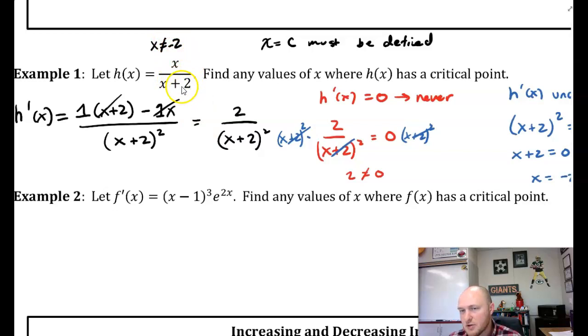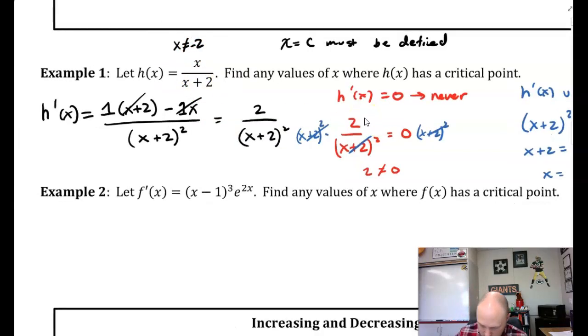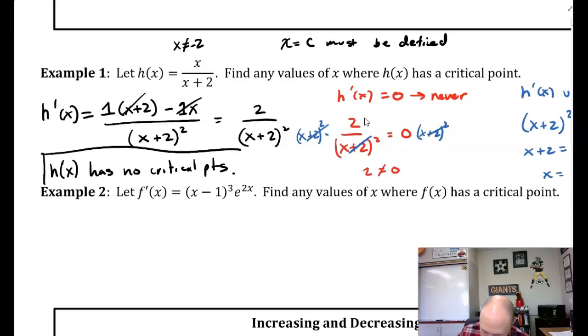This value is excluded from the domain. So in this case, we're going to say h of x has no critical points. Well, that was a pointless example. You get it? No? Okay.